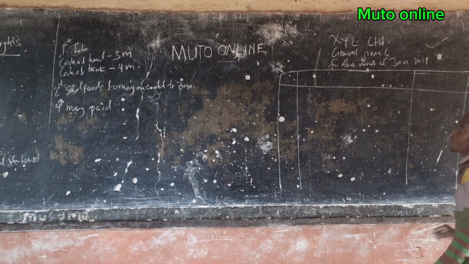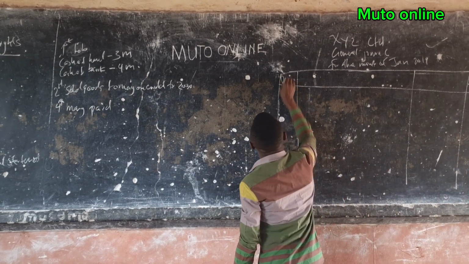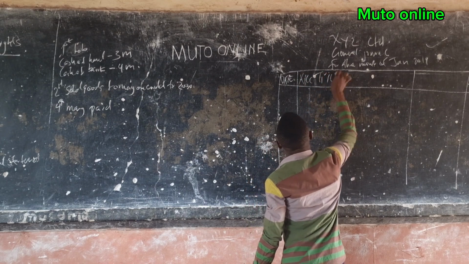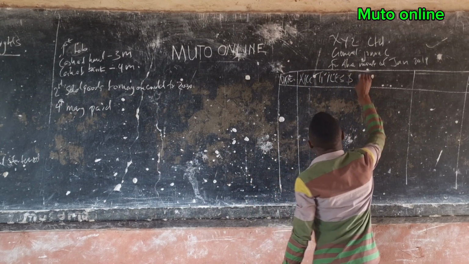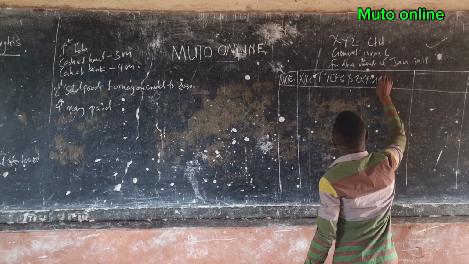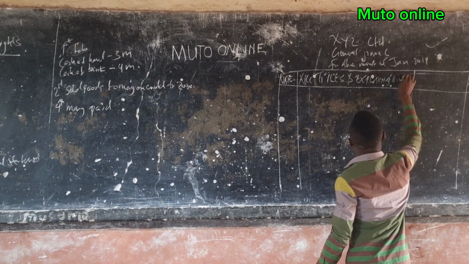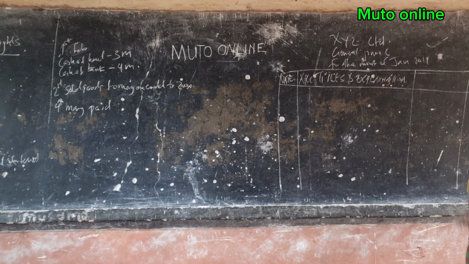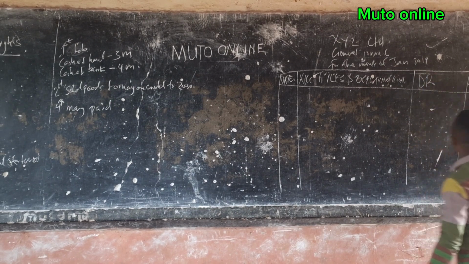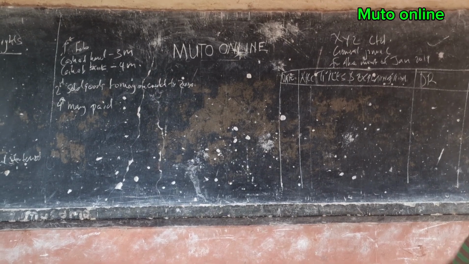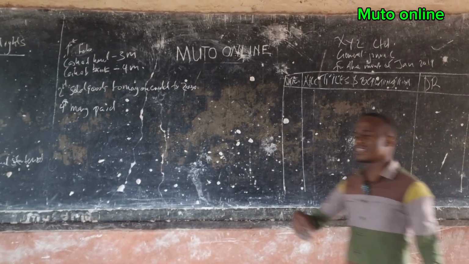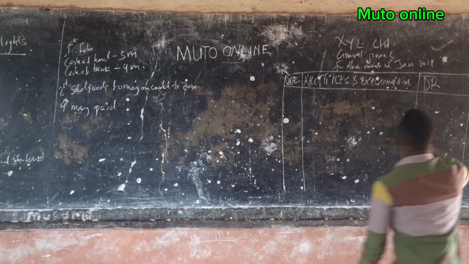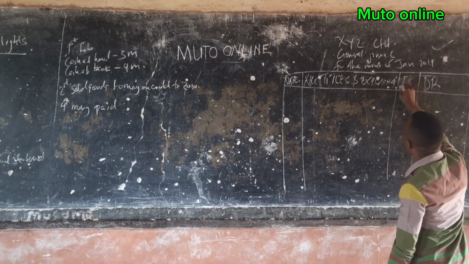In the previous video, we said that the journal starts with the date, then followed by the account titles and explanation, the debit side and the credit side. You are going to find in some of the previous textbooks this column of folio.